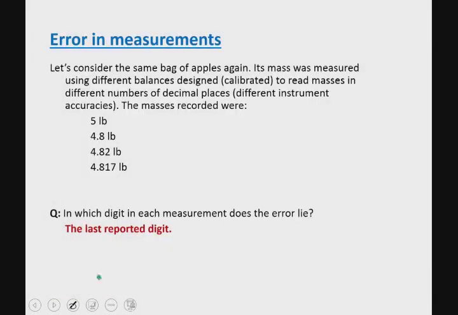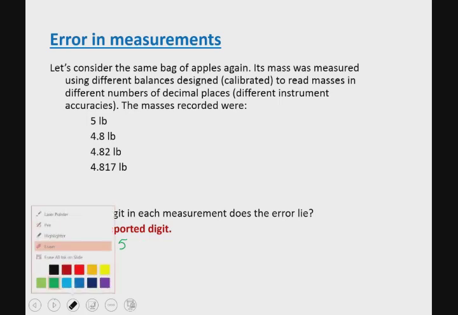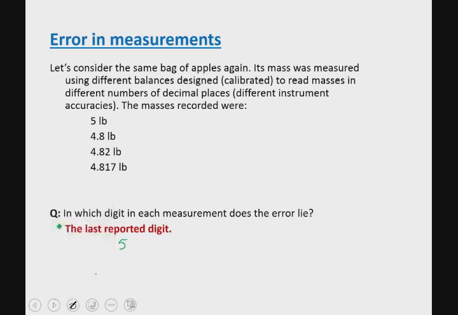digit. So taking the first example of 5 pounds, now I'm going to erase the unit for just a few minutes because I want us to focus on the magnitude. Which place value is the last reported digit in? The ones place.